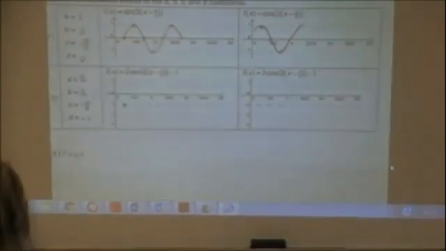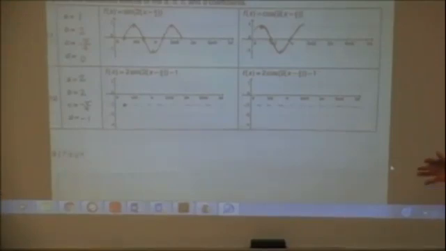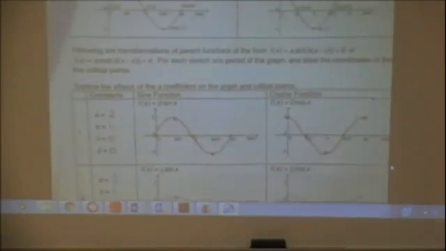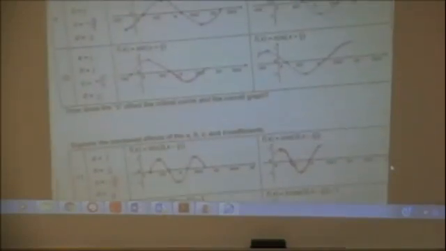Only thing I have to figure out is what about my horizontal compression? Before I go up, how far over am I going? So I can go back and look at my second critical point for sine, which was pi over 2. I have that B value of 2, which means I have to divide by 2 or multiply by a half, which puts me at pi over 4. And then I know that I have that shift by another fourth.